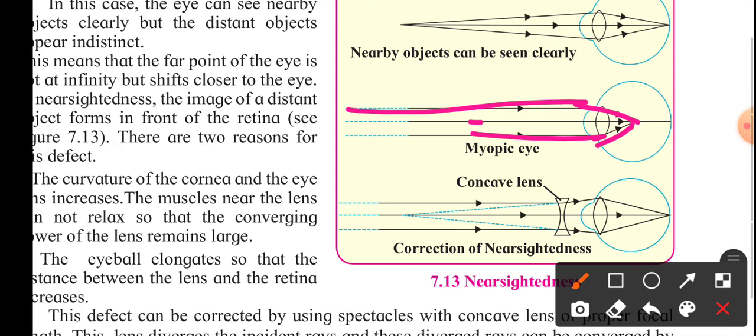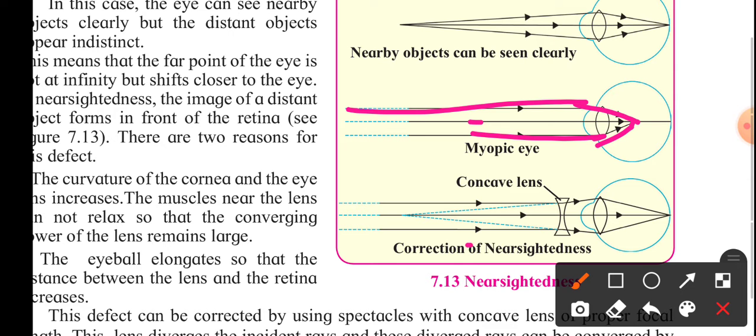Due to this, the person is not able to see the far object clearly. And as we know, a concave lens is a diverging lens, we use it as the solution for this kind of defect of the human eye. So this concave lens diverges the rays.